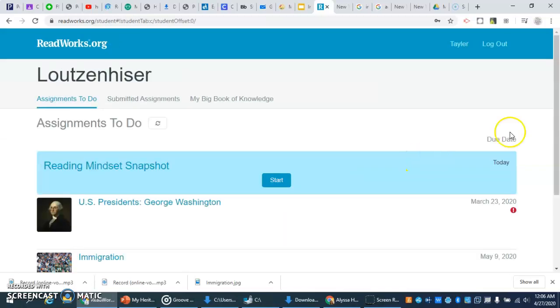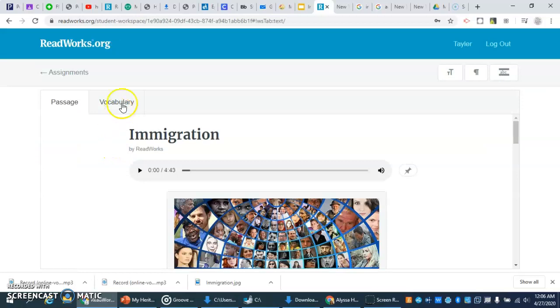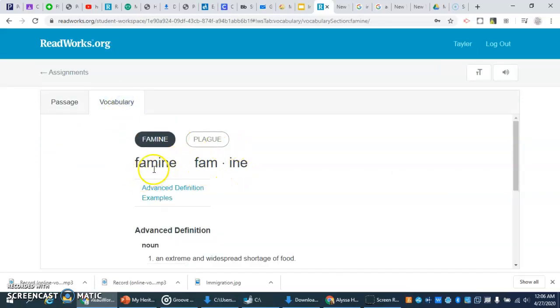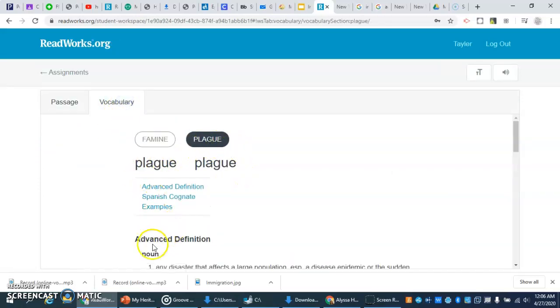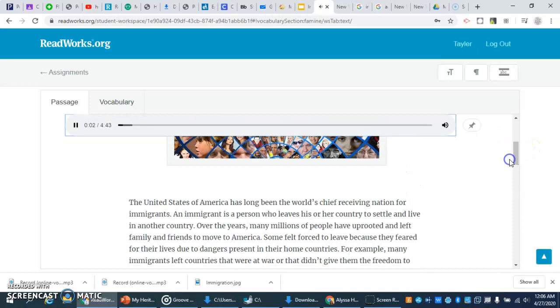And you're going to go in and you'll see the ReadWorks article right here, immigration. It is not one of those articles of the day. It's just one article. So you'll click on the immigration. It does give you a couple of vocabulary words that you can look at ahead of time so you know what that word means when you get to it. And then the passage here does have a play button if you would like to play this while you're reading along.